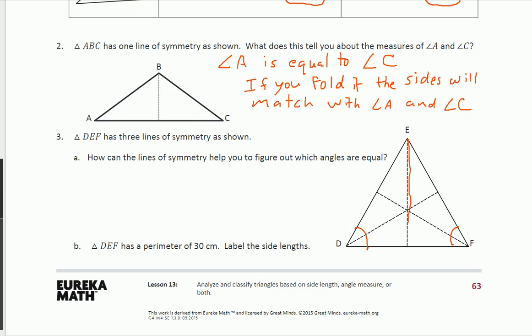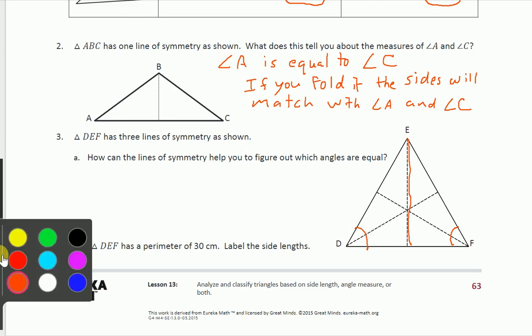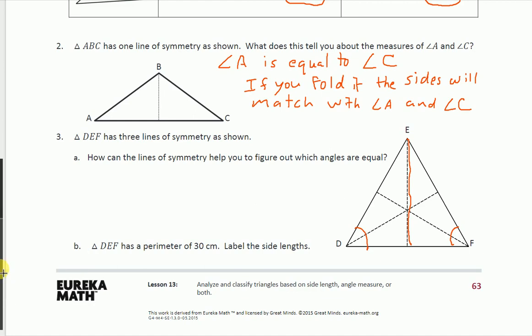So if I fold it right along the E there, then D and F are going to show up. But what if I change to blue here, and I fold this line of symmetry here? Well, then this E will match up with D.